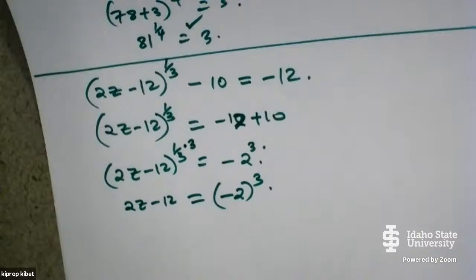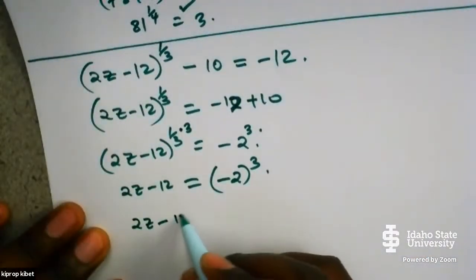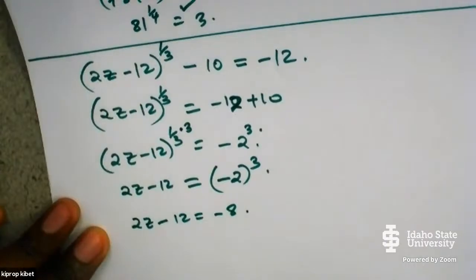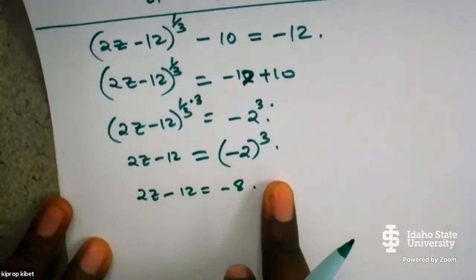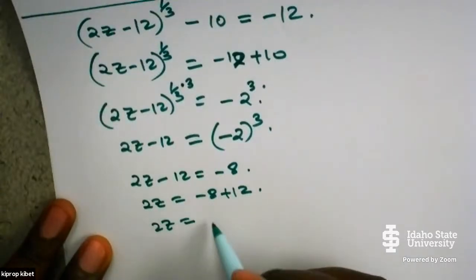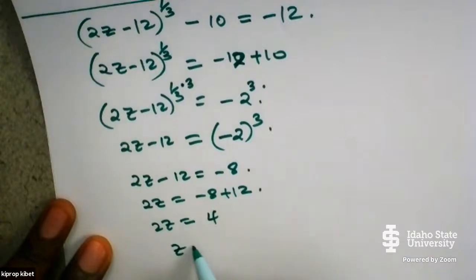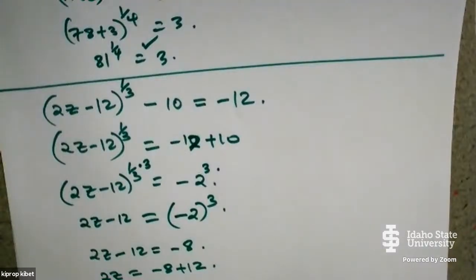Minus 2 times minus 2 times minus 2 is negative 8. So 2z minus 12 equals negative 8. Now take the 12 to the other side. 2z equals negative 8 plus 12, so 2z equals 4. So z equals 2.